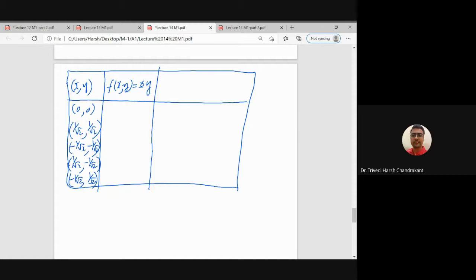So clearly the value of the function at origin is 0. x into y for this point is half. Here also it is half. And for the last two values it is minus half. So these are the critical points and the value of the function at those points.